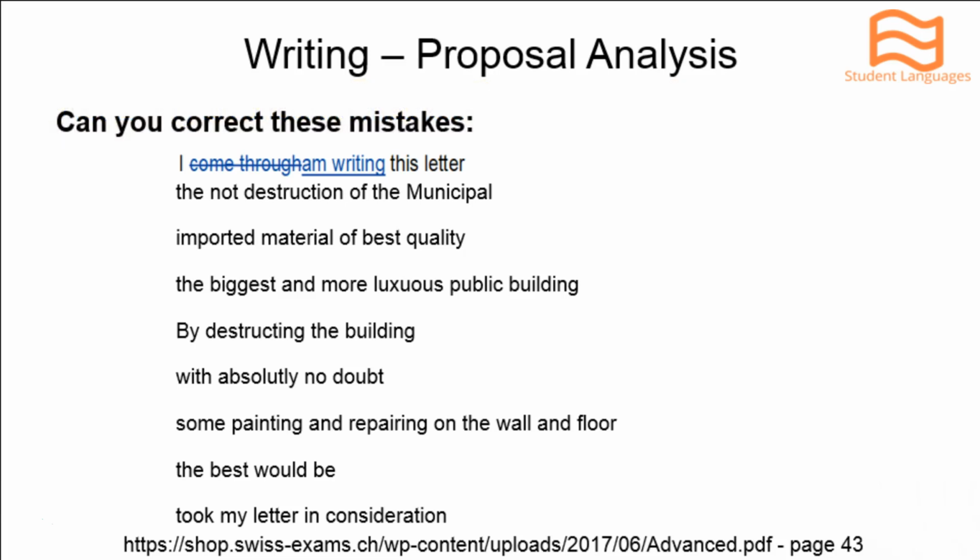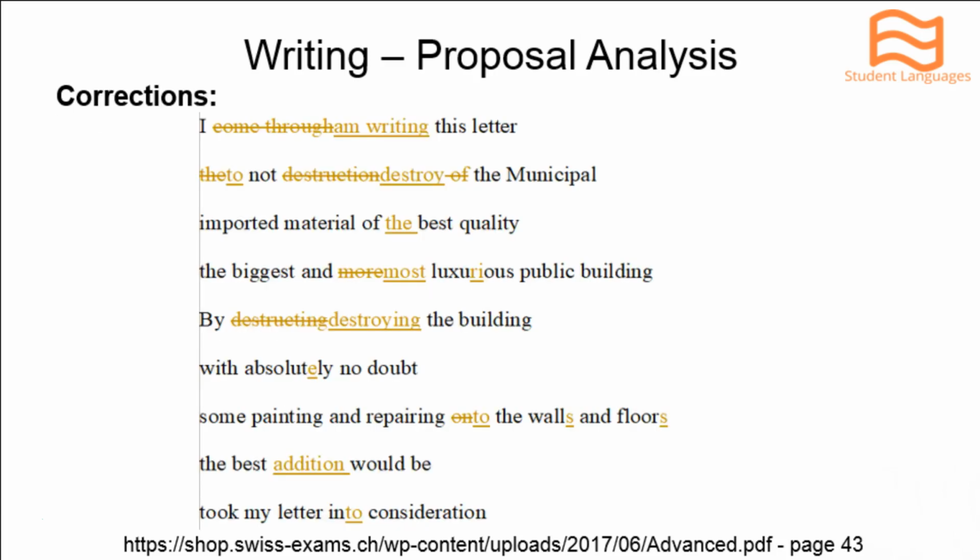Okay, so hopefully you've done that. And now what we can do is we can have a look at the corrections. So in the first sentence, come through is not the right vocabulary to be using in a letter. I would say, I am writing this letter.